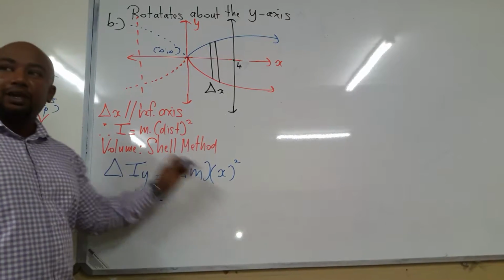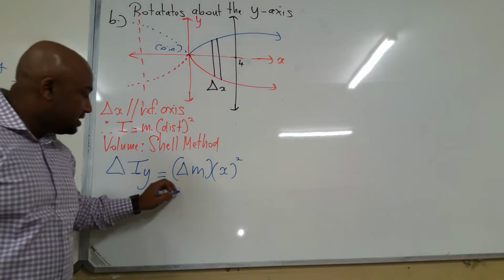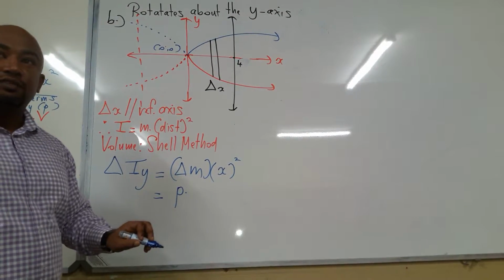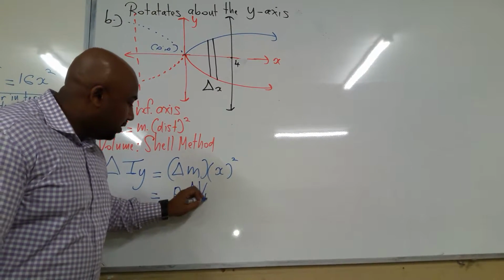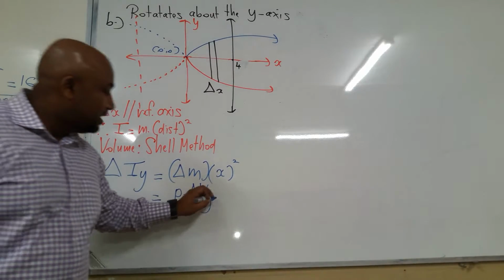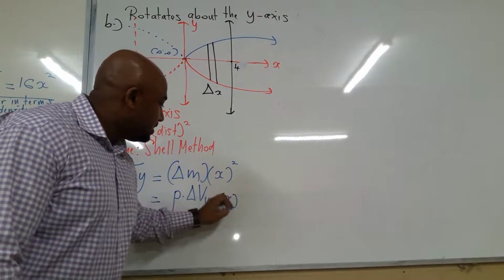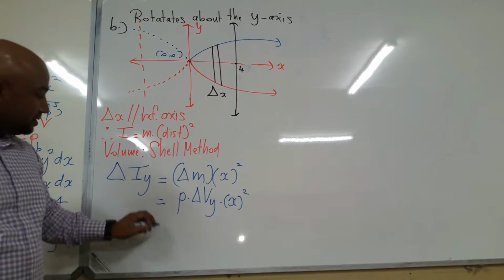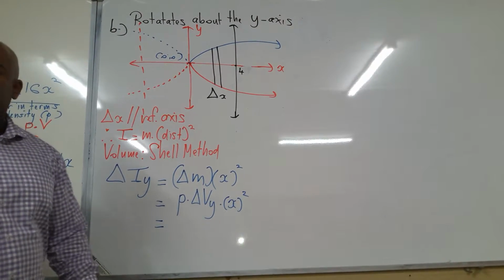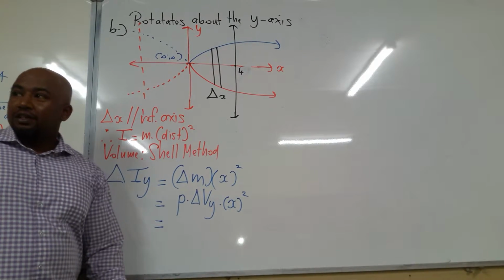So we know that mass is equal to density times volume, which is delta Vy, times your x squared. Now the volume, shell method.